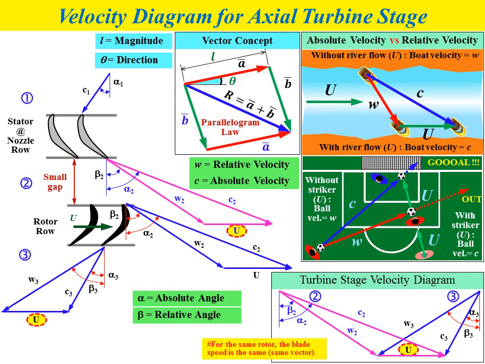Because for the same rotor, the blade speed is the same, which means we have the same vector u. The length of the vector u is the same, so we just combine them and get the complete turbine stage velocity diagram for the rotor.